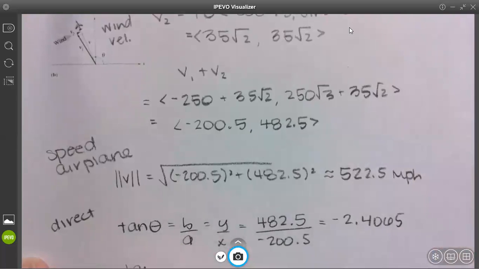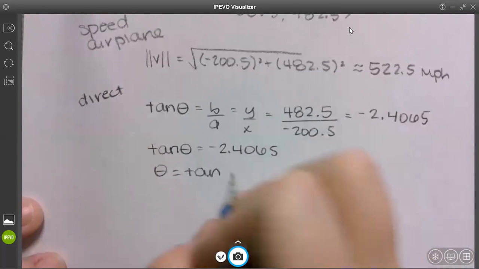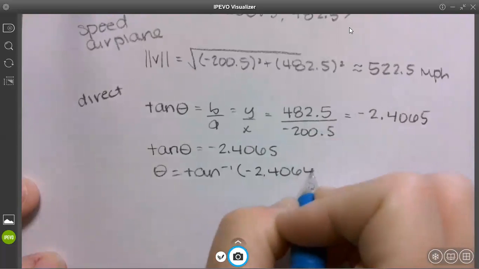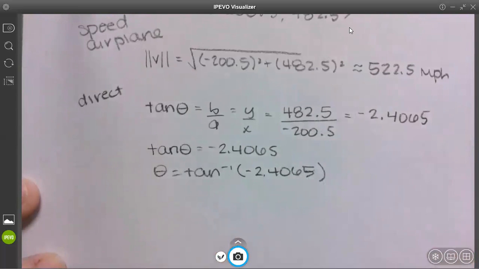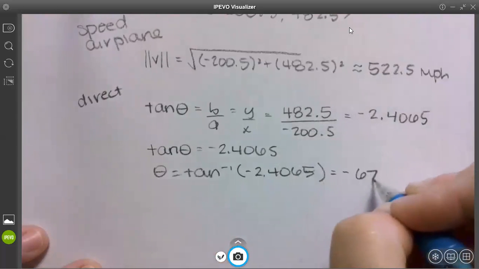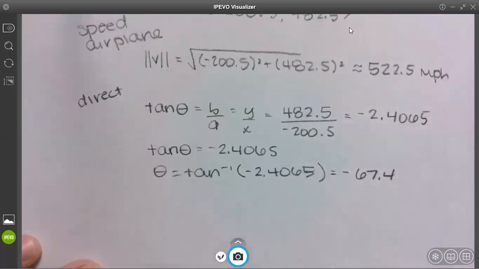So tan theta equals negative 2.4065. To find theta, you're going to do tan inverse of that number. And you get negative 67.4.